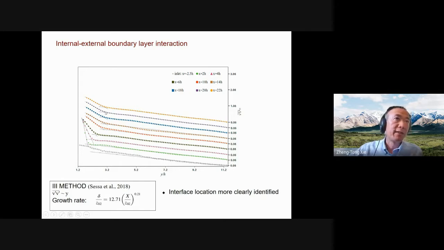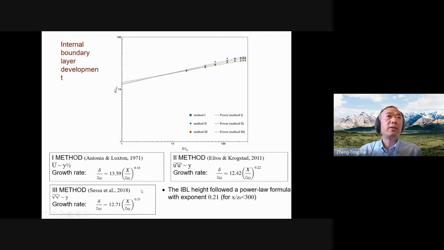So from here to here, right? Okay. And Vincenzo tried to fit this interface with a profile something like this. And you can see, compared with other methods, the interface is quite close with each other, right?